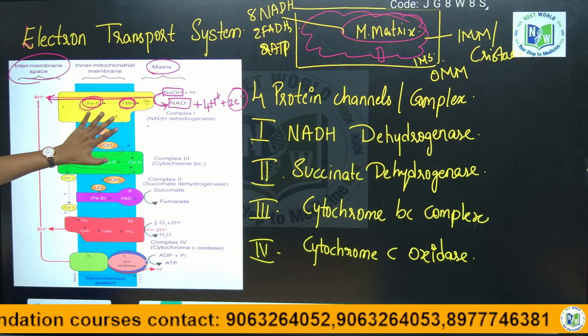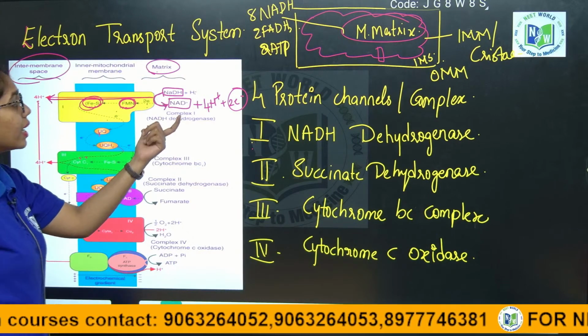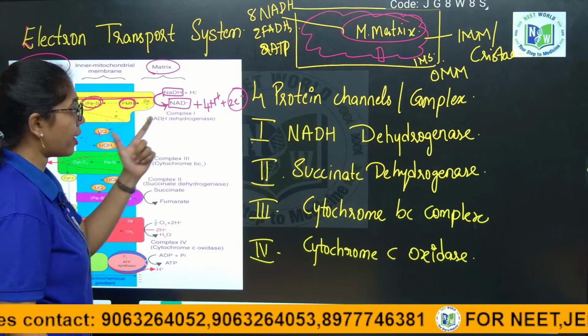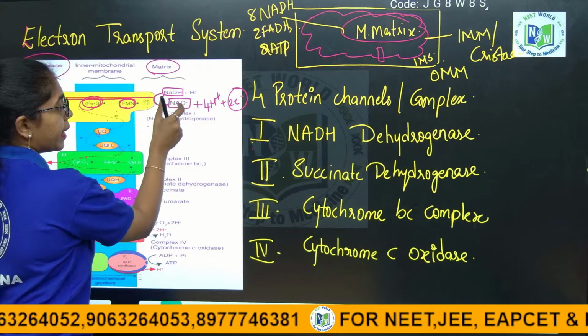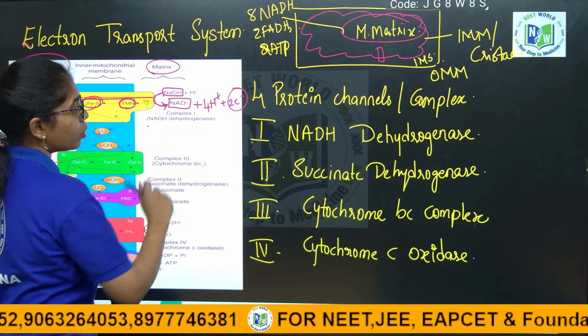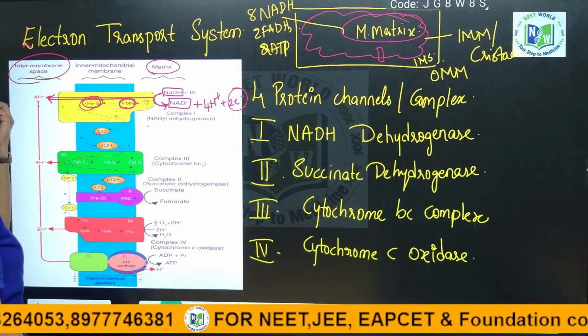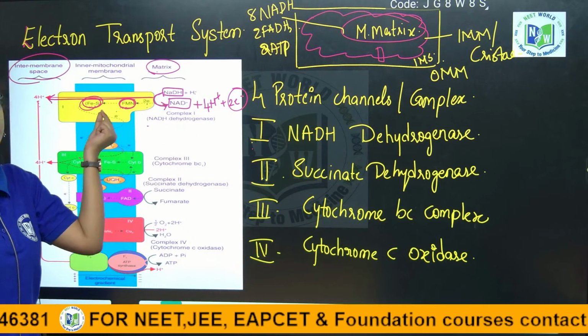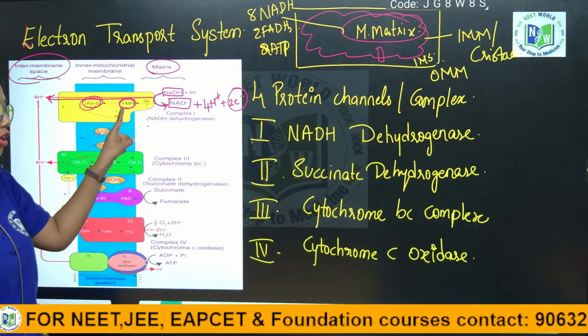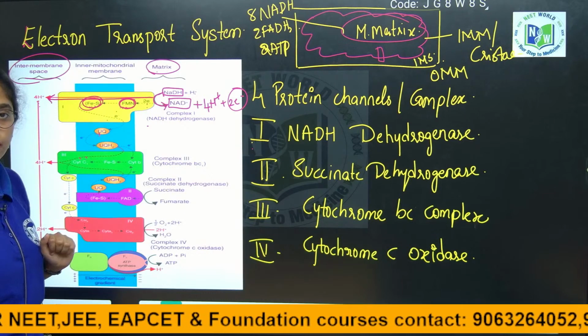We will discuss this later. As of now, remember that in complex 1, NADH dehydrogenase, NADH plus H plus is broken to NAD plus, 4 protons and 2 electrons. These 4 protons are pumped to the intermembrane space and 2 electrons are carried through the protein complex by FMN and ferrous sulfur complex.